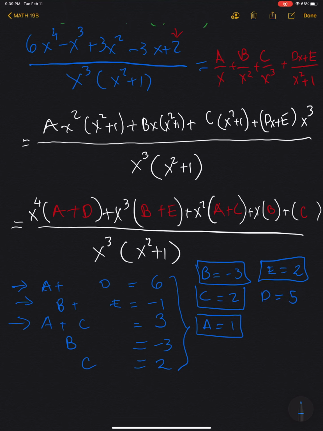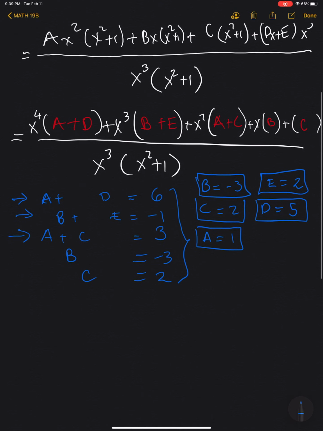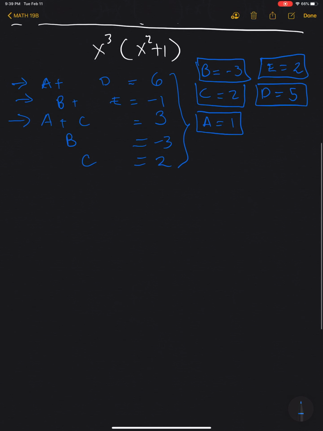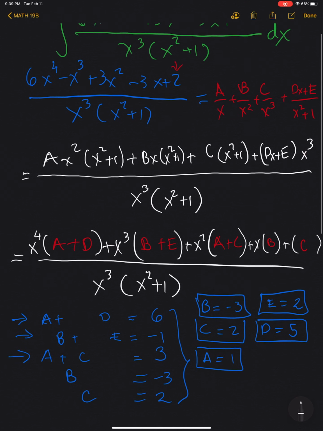So that was the next step. Once I had the system of equations, I can write down the coefficients for my substitution, basically. So that means that I can go back to the original expression. Let me copy down what I had.